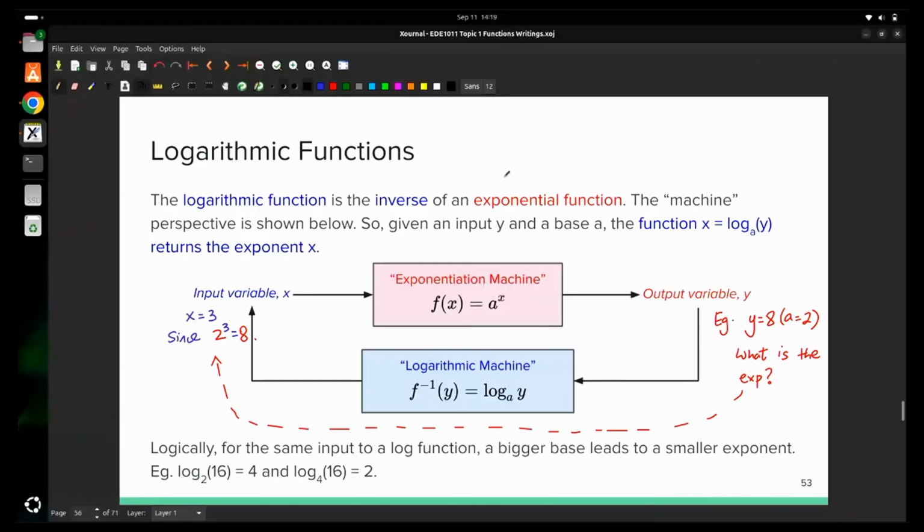So let me just write down the general expression. y equals a to the x. So what is x? x equals log base a of y. If you combine the two, because they are inverse functions, we can write x equals f inverse of f. So f inverse is log base a.